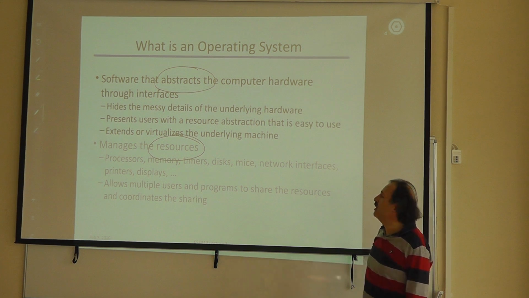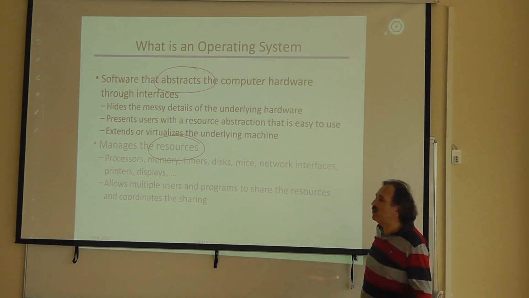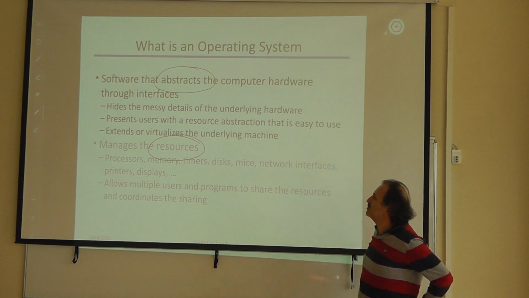Hello World is very complicated because it uses the screen, right? Writing to a screen using some kind of a window requires lots of code. An operating system makes writing that code very easy for us. That's why abstraction is very important.